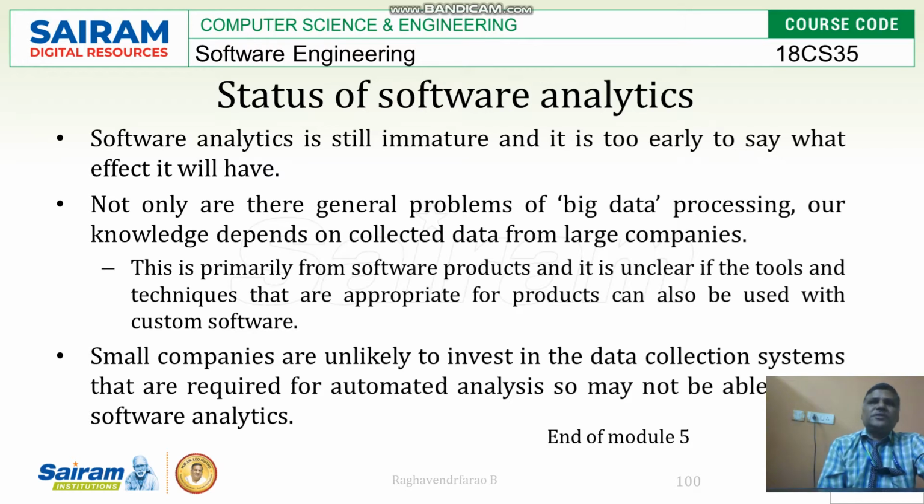So we will end this particular module saying that we have learned a lot of things in this chapter: the quality of the metrics, how to measure the metrics, what the cost of the metrics will be, and how the cost is specified for the metrics.